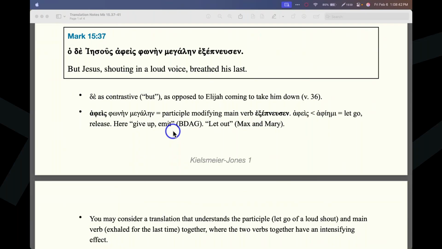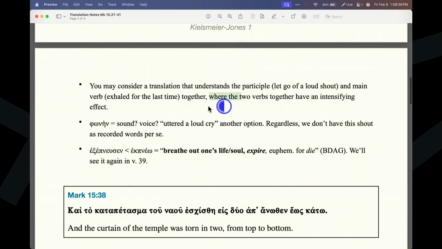You want to bring that out in translation, because I don't get the sense that this is, I mean, Jesus is shouting, it's very loud. We've got phōnēn megalēn, but it's almost like this kind of unified event. In fact, you may even consider in translation that this loud shout and this breathing the last, you might even consider how they work together and have an intensifying effect.